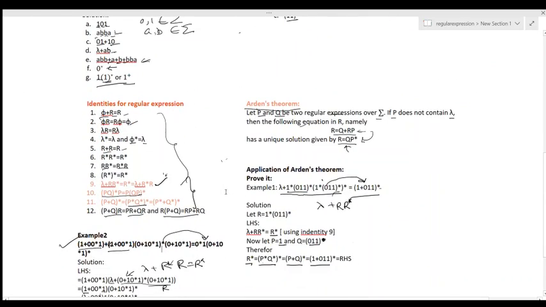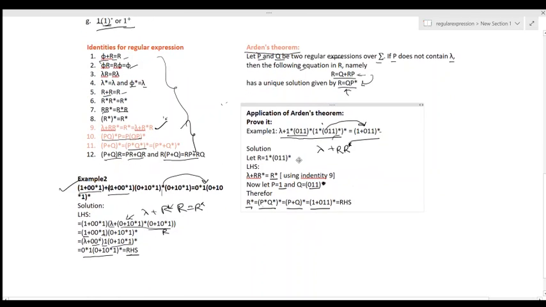Then we have seen the important identities, then the important theorem, Arden's theorem. This result is very important, and using Arden's theorem and its outcome, we have reduced some big regular expressions to smaller, useful expressions. Thank you so much.